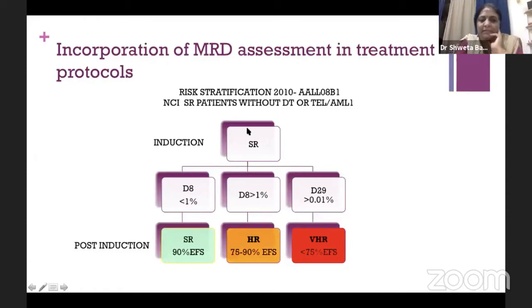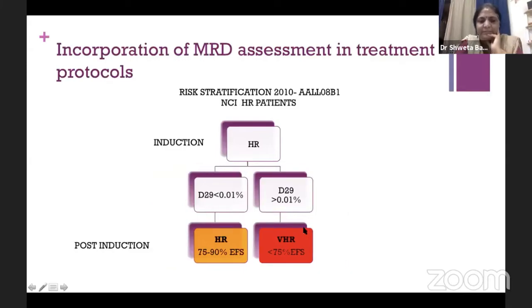Similarly, in standard risk patients who had no double trisomies or TEL-AML1, final risk stratification post-induction depended upon day 8 MRD. If it is less than 1%, standard risk. If it is more than 1%, high risk. And if MRD at day 29 was more than 0.01%, it was considered very, very high risk in standard risk patients.